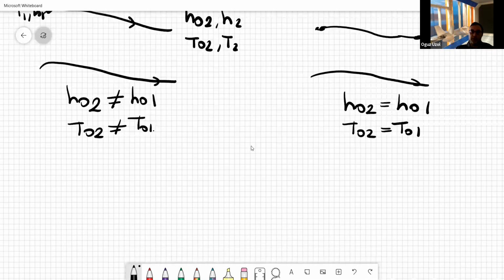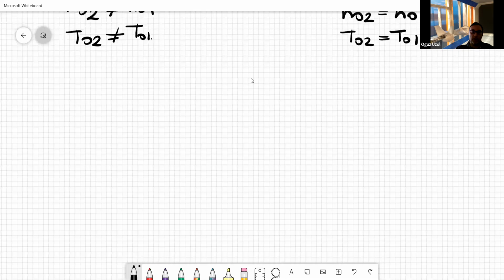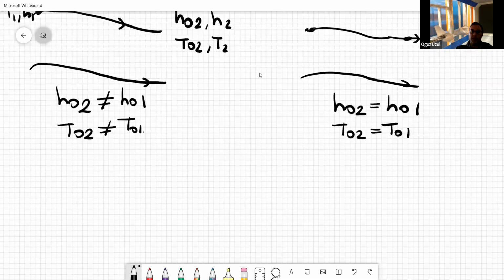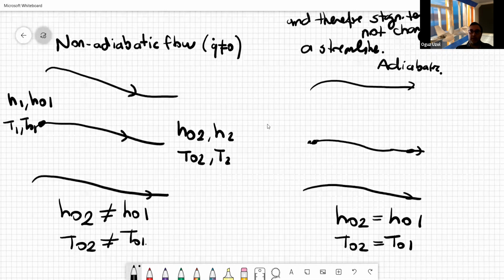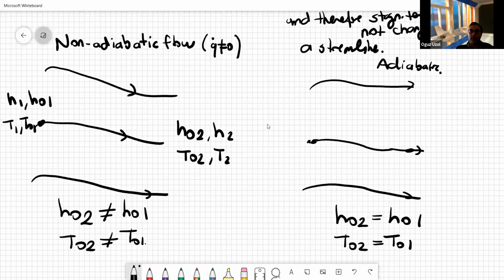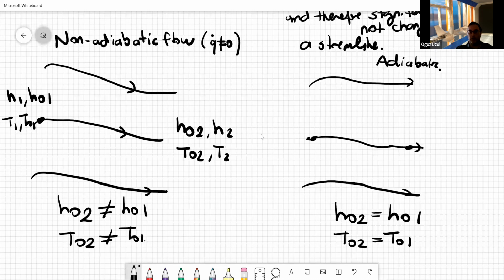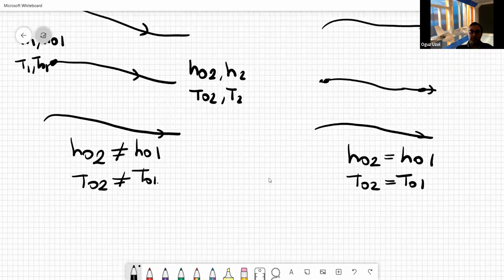One more discussion and final point in this hour is: what if, in addition to being adiabatic, the process is also reversible? Now, adiabatic is one thing, but adiabatic plus reversible process, we call it an isentropic process, okay?